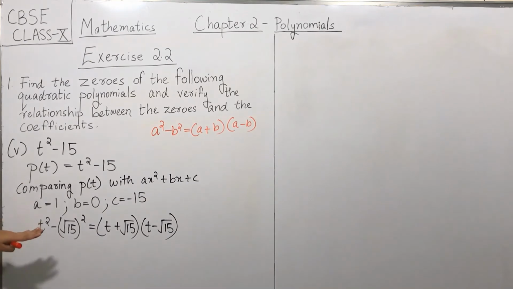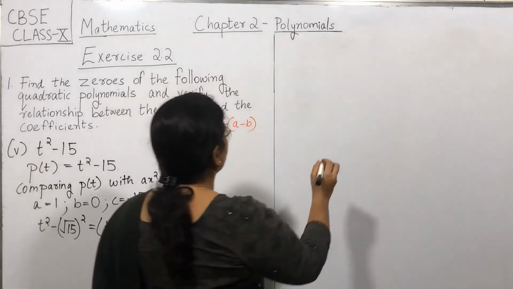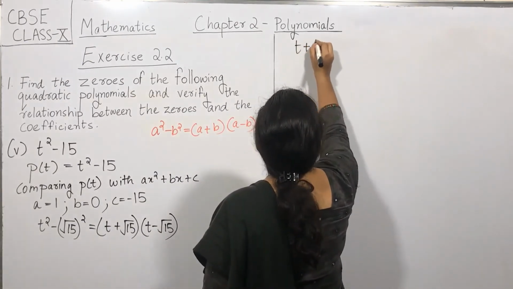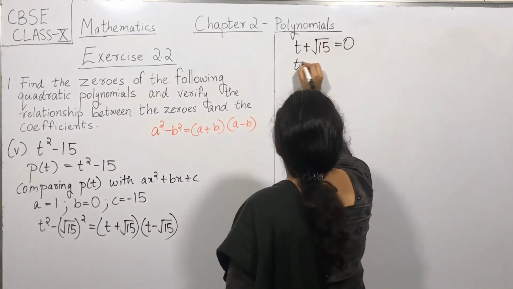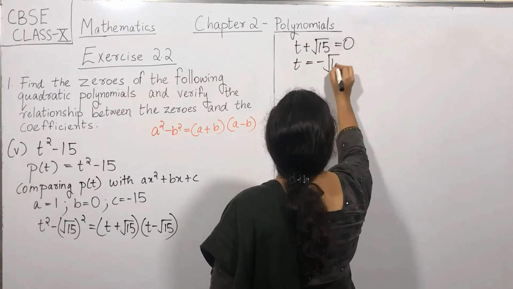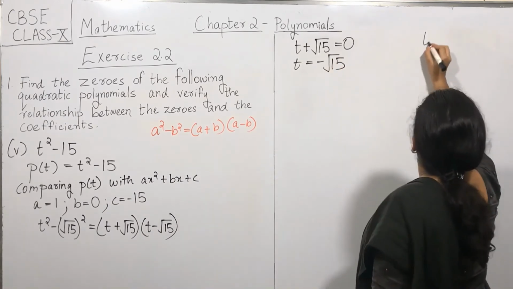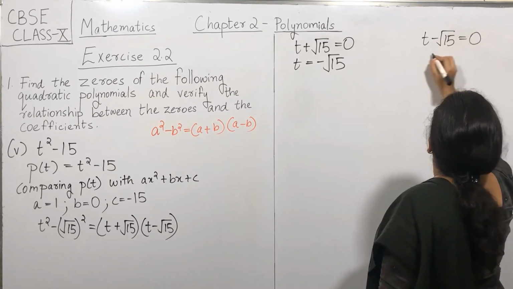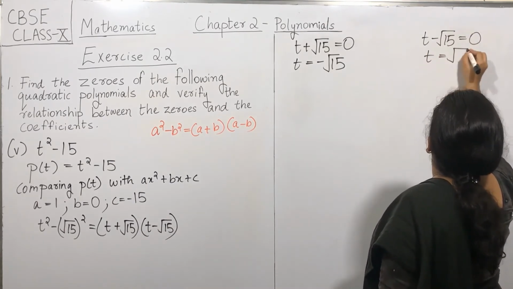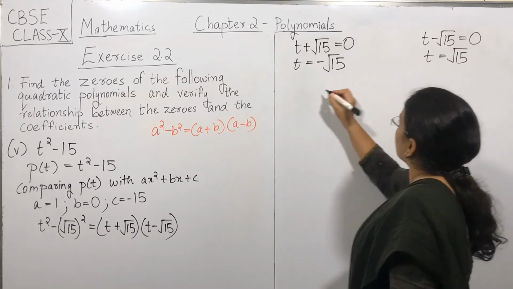Now we can equate this to 0. T plus root 15 equals 0, t equals minus root 15. T minus root 15 equals 0, t equals root 15. We got the zeros.